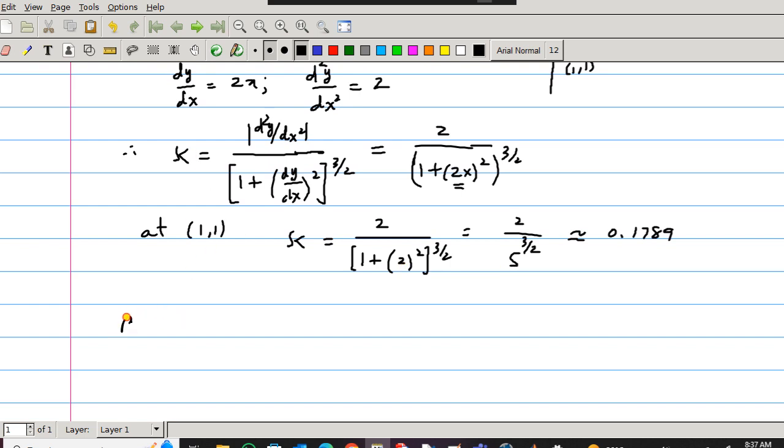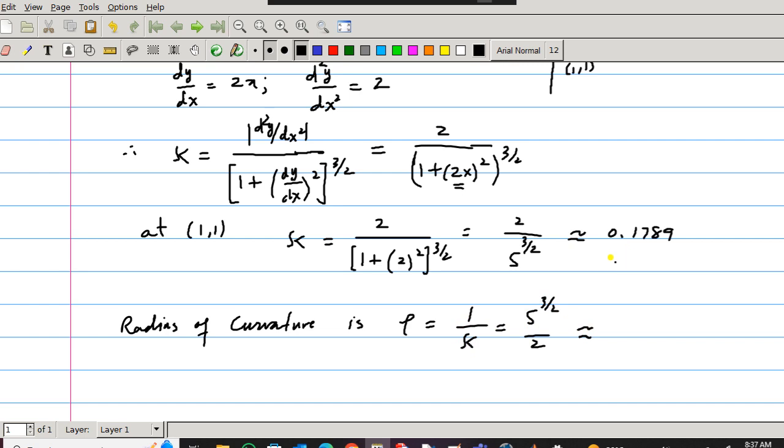So if you also want the radius of curvature, the radius of curvature is rho, which is 1 over kappa. So that will be 5 to the power 3 by 2 over 2. Just the reciprocal, right? Upside down. Or you can again just divide 1 by this.